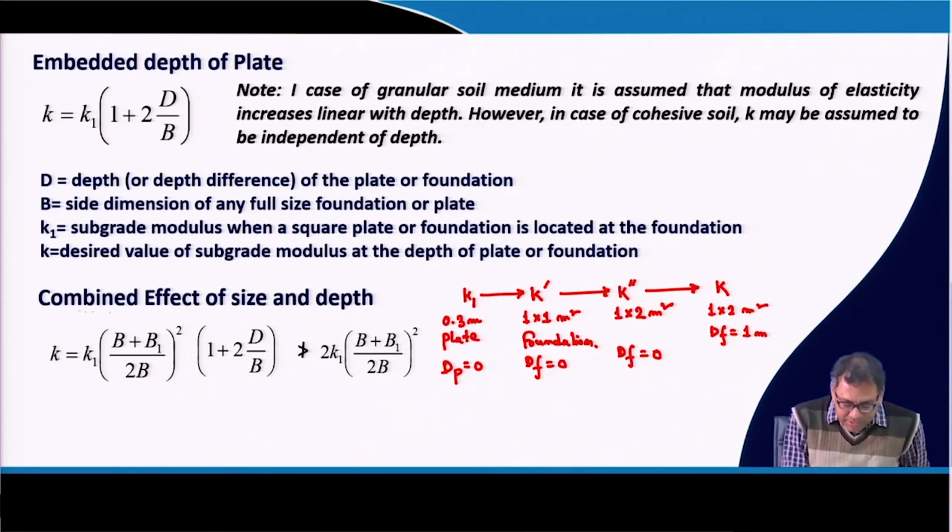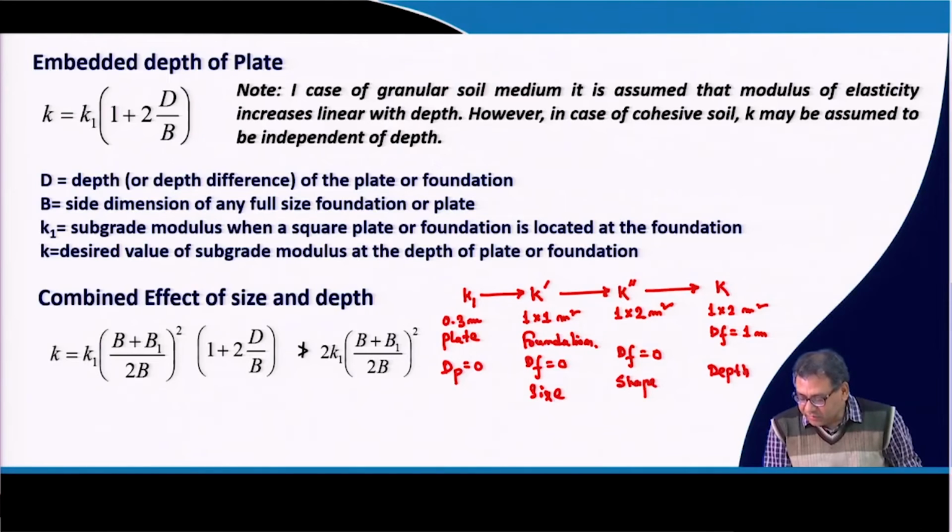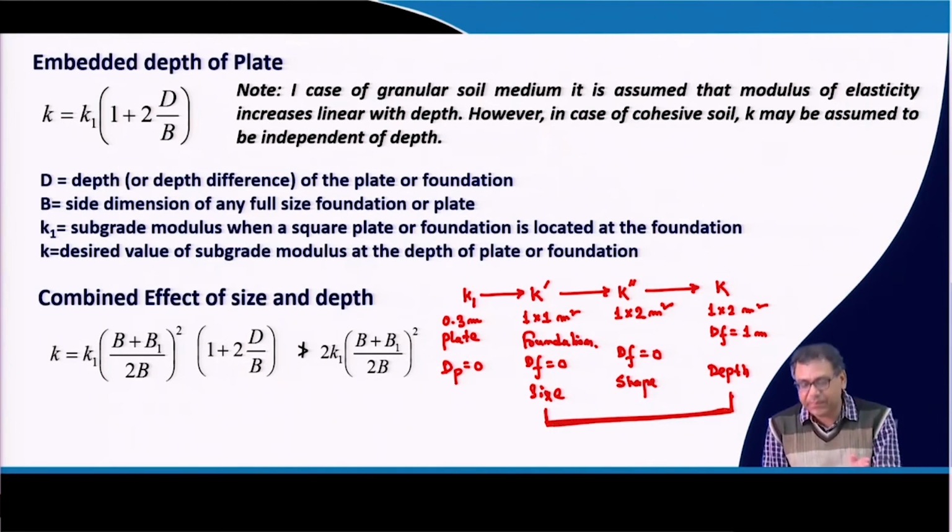And if you want to combine the effect of size and depth correction, it is a combined effect, because we have first gone to size and depth. Suppose this is your size correction, this is shape correction, and this is depth correction. If you are doing shape and size correction at a time, no issue.